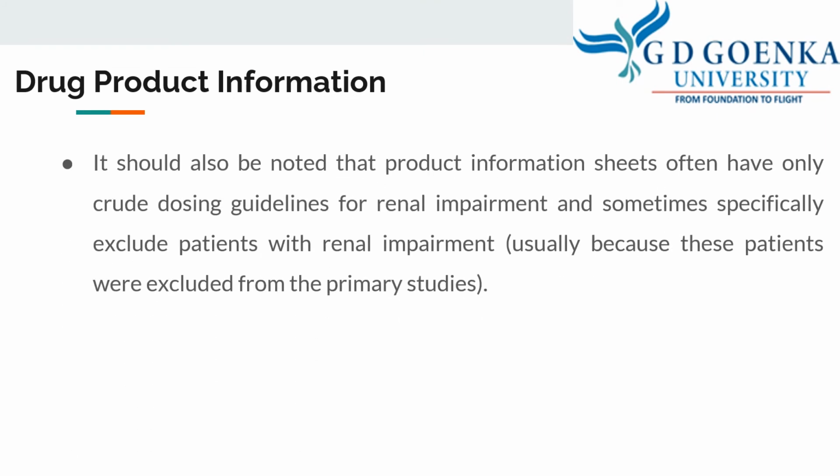The drug product information provided to a physician and the leaflets provided to patients often have very crude dosing guidelines for renal impairment and sometimes specifically exclude patients with renal impairment, usually because these patients were excluded from primary studies.